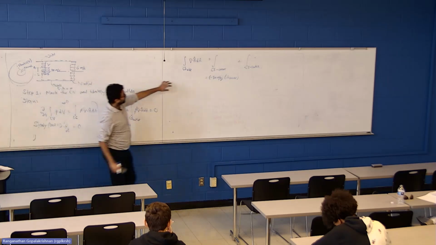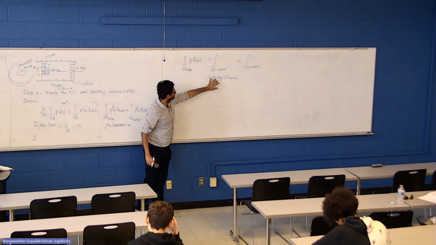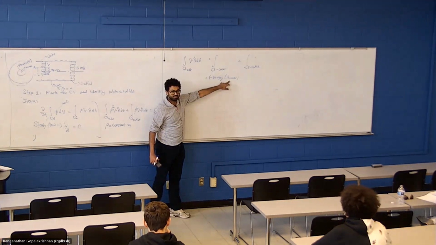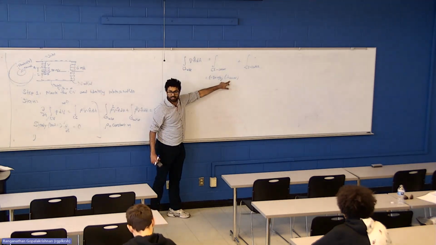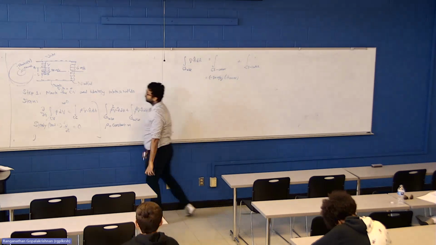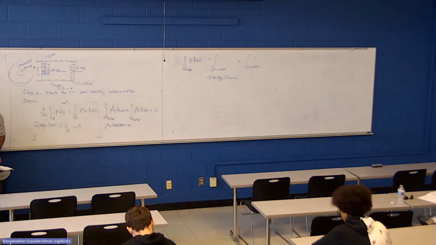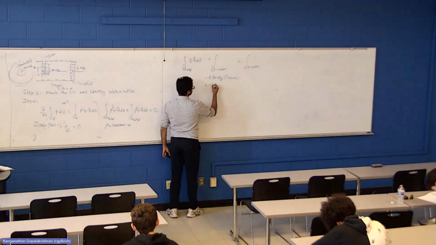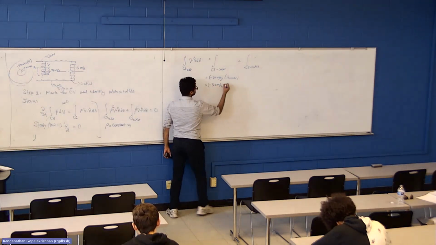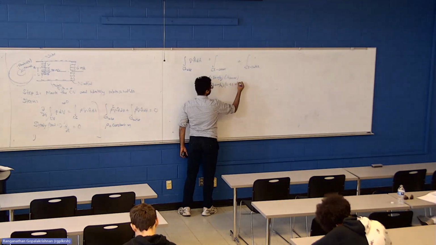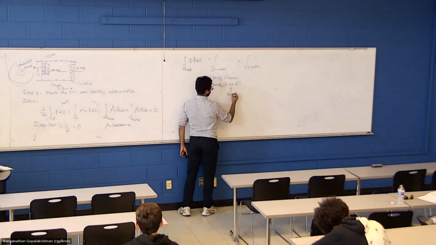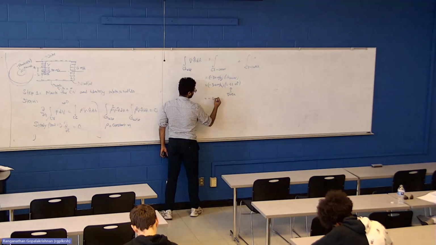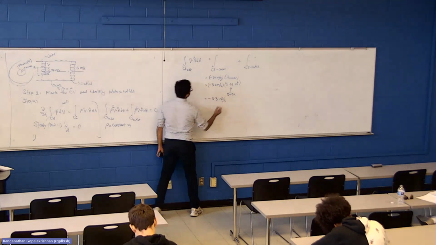Because it's an inlet, we get the negative sign. Because the velocity is uniform, this is just integral dA that gets us area of the inner circle. If they tell us the radius, this is minus 30 meter per second times 0.01 meter squared. This is given. So that gets us minus 0.3 meter cube per second.